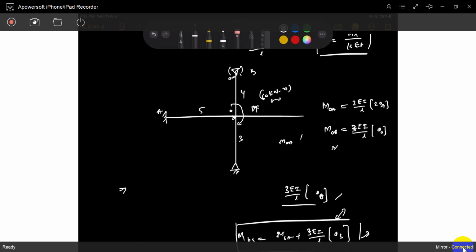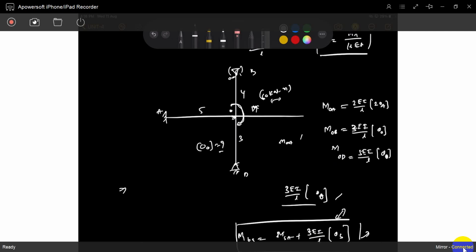So you will write OA and OD also as 3EI by L into theta. But theta OD we don't record. I am asking about theta O. What is it? If a moment M is applied like this, how much rotation will be generated at that joint? So we can avoid it.